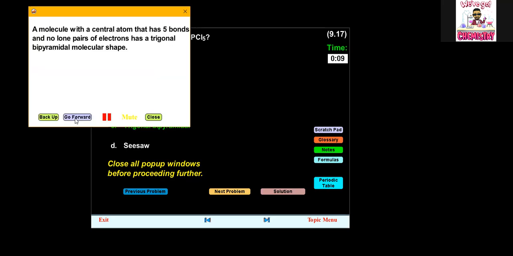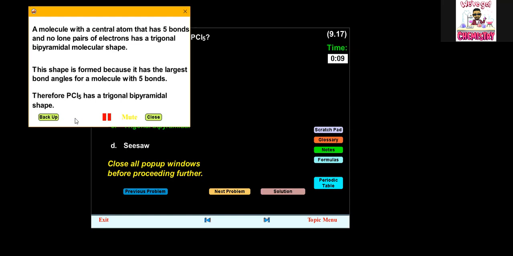A molecule with a central atom that has 5 bonds and no lone pairs of electrons has a trigonal bipyramidal molecular shape. This shape is formed because it has the largest bond angles for a molecule with 5 bonds. Therefore, PCl5 has a trigonal bipyramidal shape.